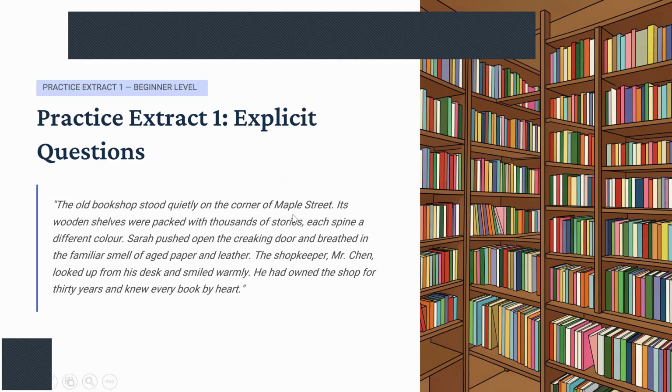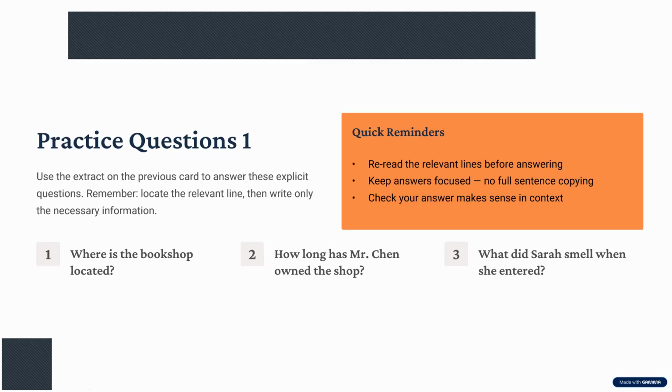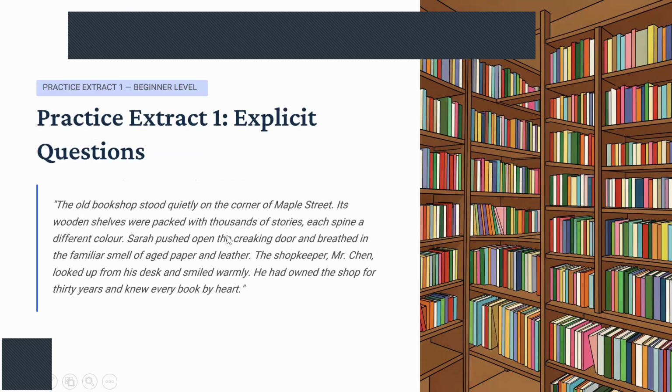In this case, it's the Maple Street, because nowhere else in this extract will you come across an address like that. So in question number one, we will answer that the bookshop is located at the corner of the Maple Street.